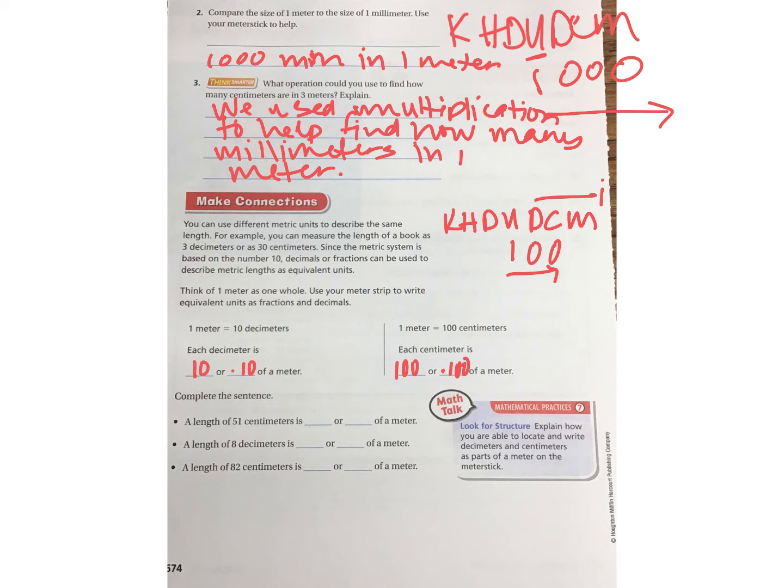Now let's go down here. Let's just keep writing these numbers under here. So a length of 51 centimeters. So let's go to 51 centimeters. 51 is right under the centa. Is how much of a meter? Okay, let's look at it. Let's think of it in terms of fractions, okay?